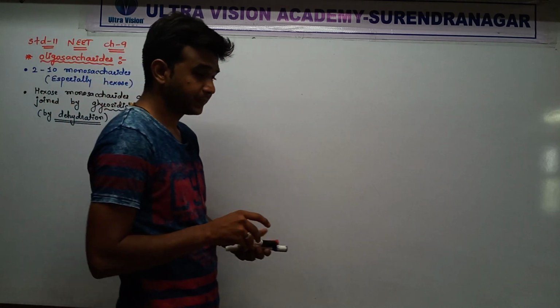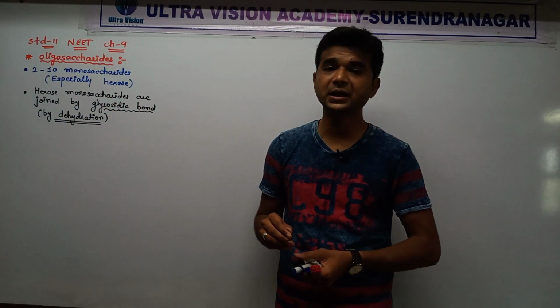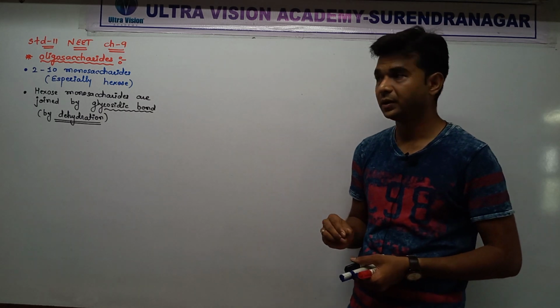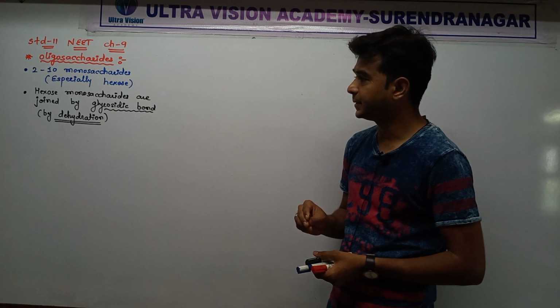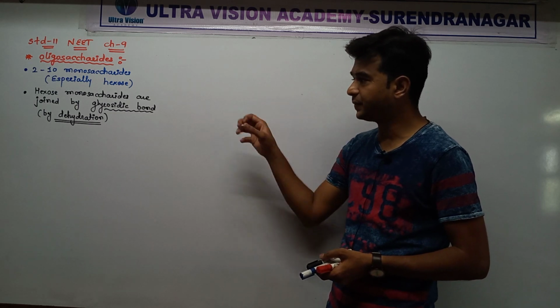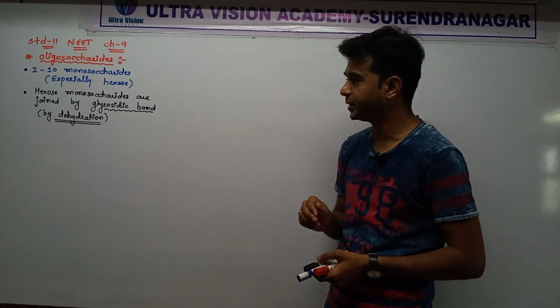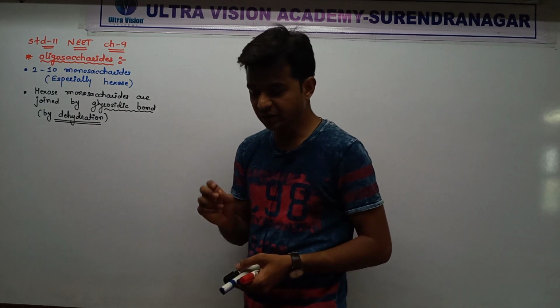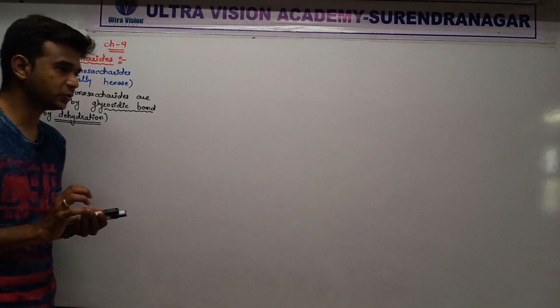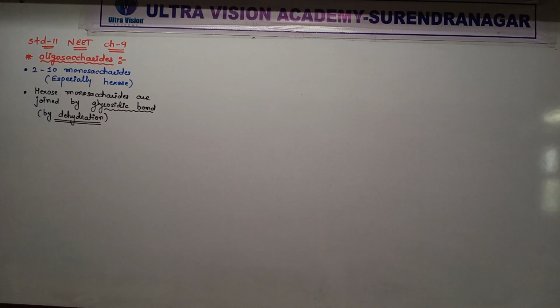As you know, when two monosaccharides are joined together with the help of the glycosidic bond, at the time of the formation of the glycosidic bond, a dehydration process occurs. So a water molecule is released. So here, just for example, we say first disaccharides.